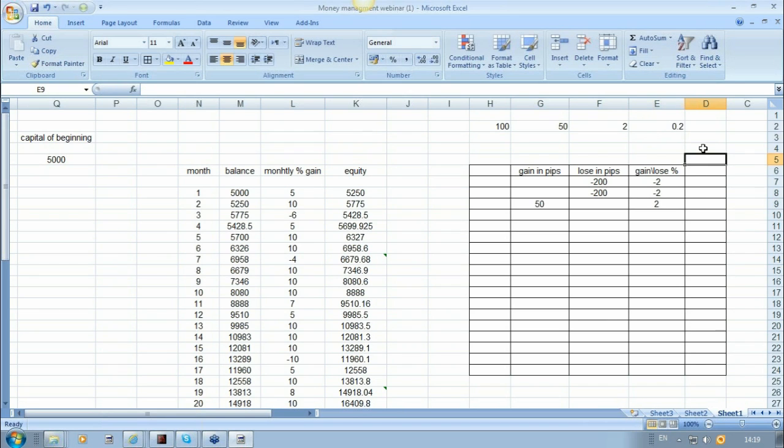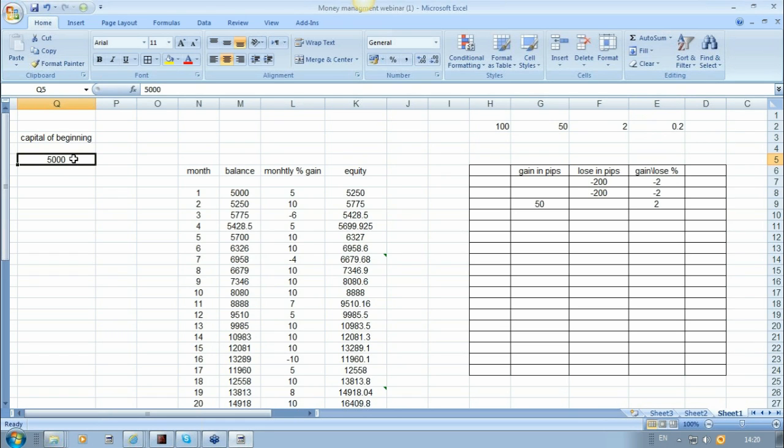For example, it won't be, as someone said, "Oh, no, I continue with the beginning capital." I take it from the very beginning, okay?